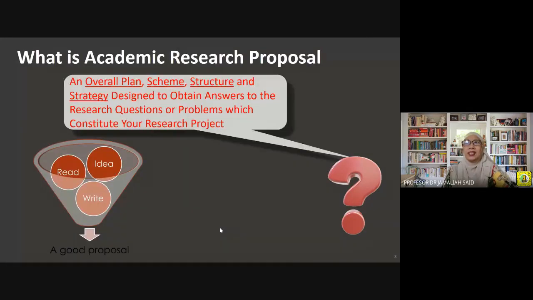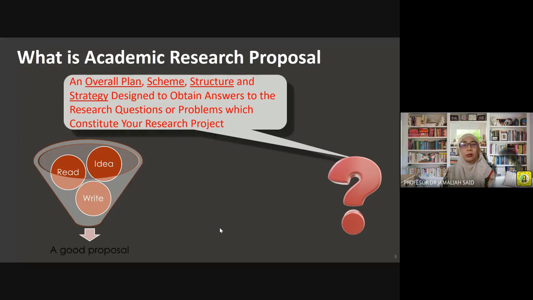So what is actually an academic research proposal? An academic research proposal is an overall plan, a scheme or structure or strategy designed to obtain answers to the research question, research issue, or research problem that constitutes your chosen research project.